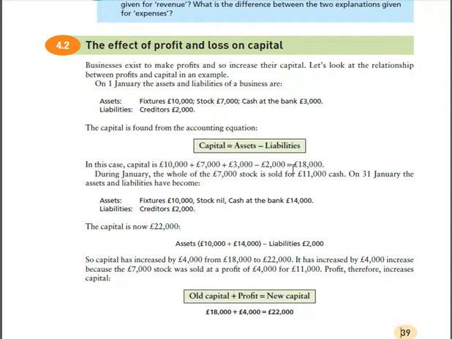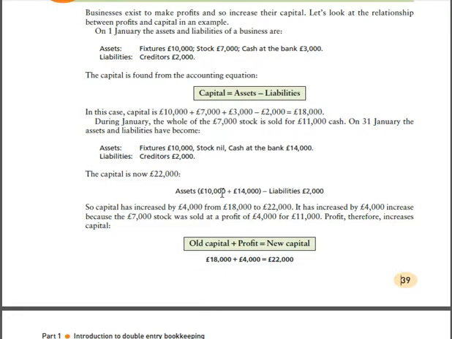If we were to calculate our capital again based on these changes using this formula, our new capital would be, we'll add the fixtures of 10,000, there is nil stock, and the cash has increased from 3,000 to 11,000, resulting in a cash of 14,000. So the total assets would be 24,000 and the liabilities would be 2,000. This would result in a new capital figure of 22,000.